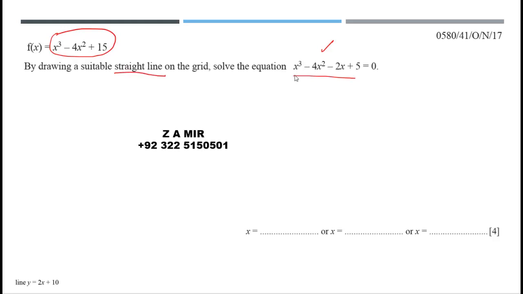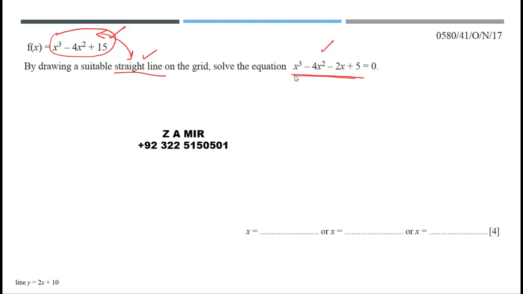We don't know that straight line, we are going to find it. So the point of intersection of this graph and this graph will be the solution of these two functions. And because these two graphs combine to become a cubic equation, the point of intersection of these two graphs will be the solution of this cubic equation.